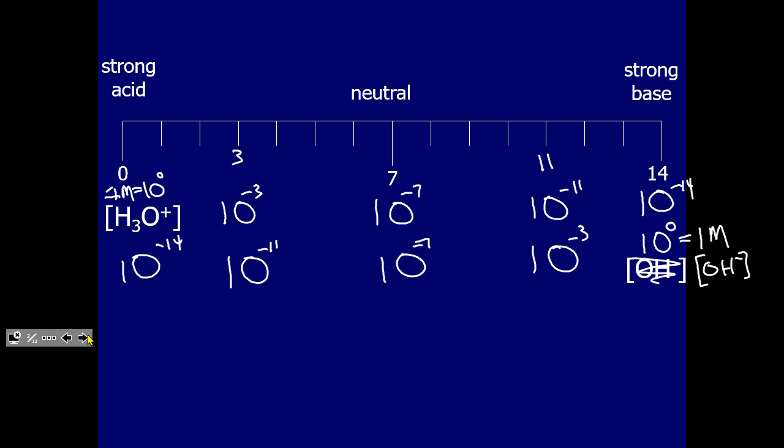Now, when we take the negative log, we push that button on our calculator. Remember, it takes the exponent off and gets rid of the negative and creates this pH scale. There's no reason why we can't take the negative log of the OH numbers and create a new scale that is not the pH scale, which I'm going to write up here.